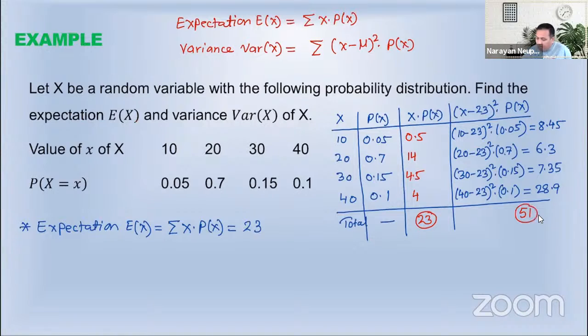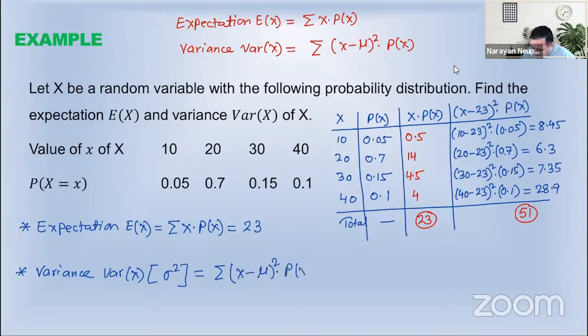So we get 51. That means your variance in this case is given by this formula here. Let me write it down again. Variance, you can write VAR(X), which is also the square of the standard deviation, is equal to the sum of x minus mean squared times P of x.